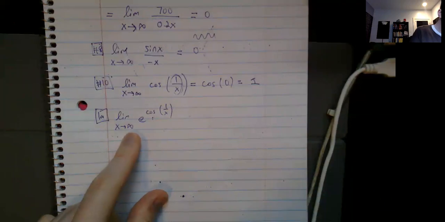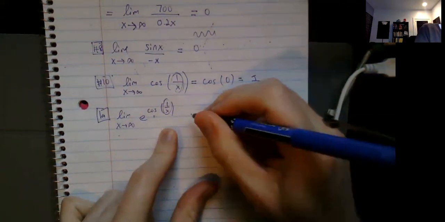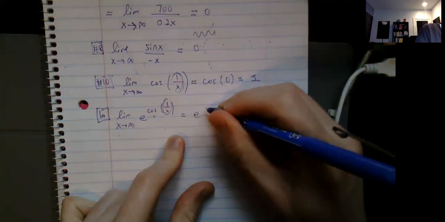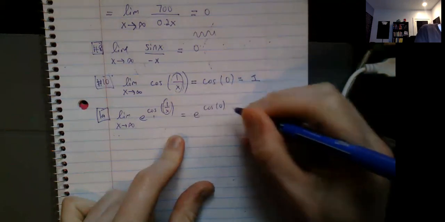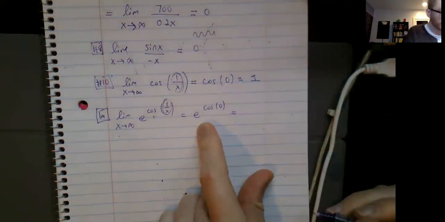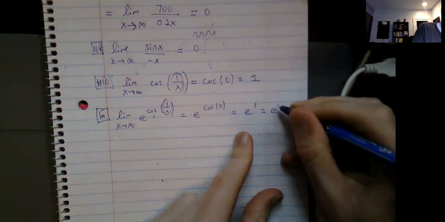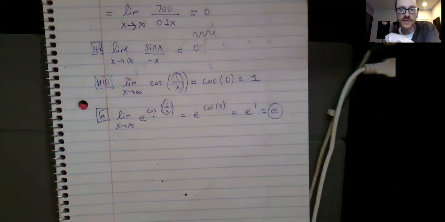So as x gets really, really big, once again, this fraction is getting very, very small. It's going to 0. So this thing is basically going to approach e to the cosine of 0. And what is cosine of 0? It's 1. So this whole thing is basically going to be e to the 1, which is nothing more than e. Okay, so that's 1a. That's how that one goes.